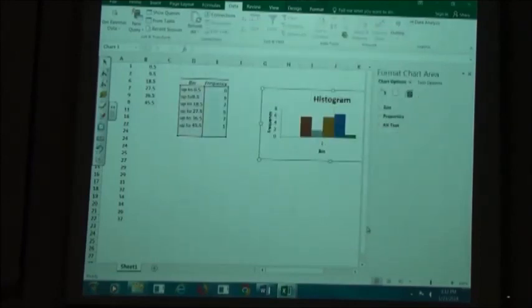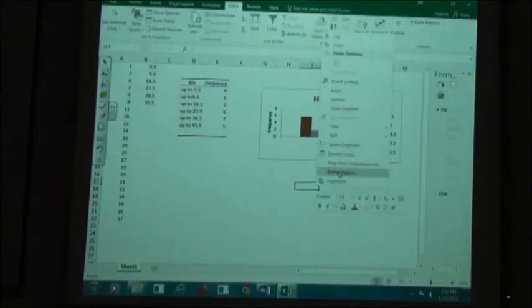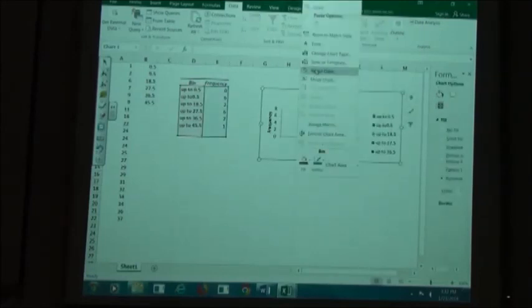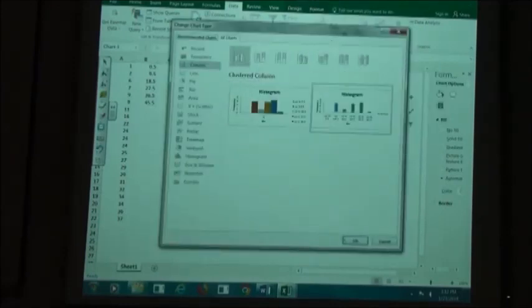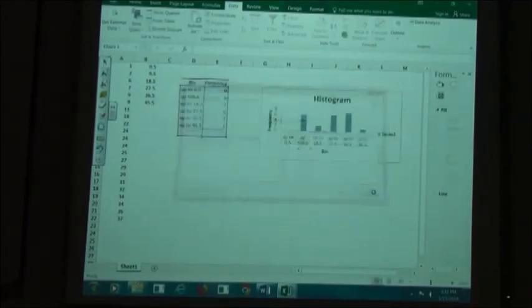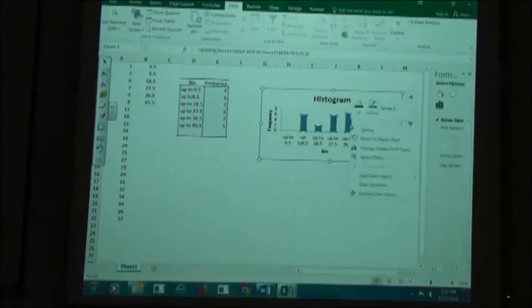There, that looks pretty. So if I right click, well, that took off my labels. My goodness. Change chart type. Let me go back to that one where my labels were normal. Where was that? Wasn't format axis. Select data. Nope, that wasn't where it was. Maybe I have to be on the bars. There we go.